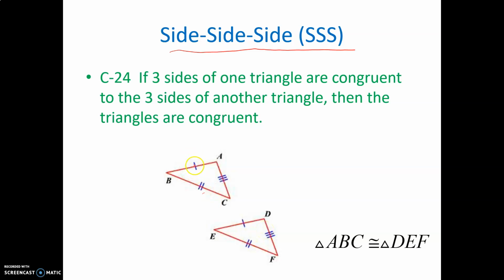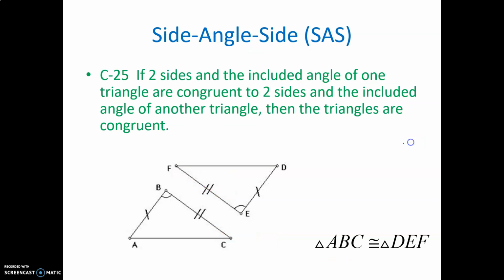So here I show that if side BC is equal to side EF, and if side AC is equal to side DF, then I don't have to worry about the angles being equal. They automatically will be. And I can say that triangle ABC is congruent to triangle DEF. So SSS stands for those 3 sides, side, side, side.